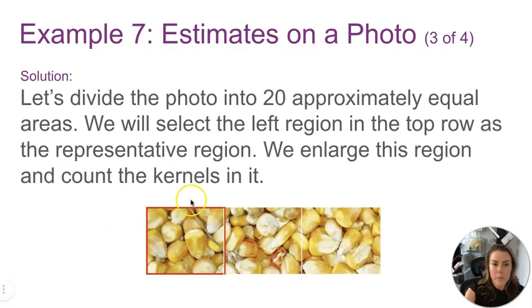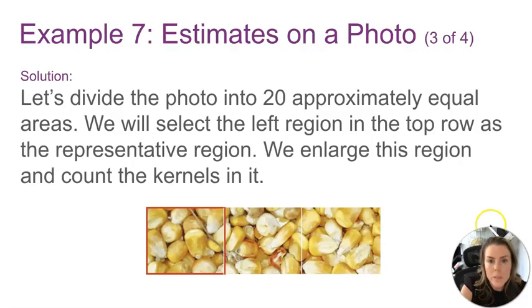And so when we zoom in on this one square, let's count them. And if we count a part of one, we're going to count it as being in the photo. So 1, 2, 3, 4, 5, 6, 7, 8, 9, 10, 11, 12, 13, 14, 15, 16, 17, 18.